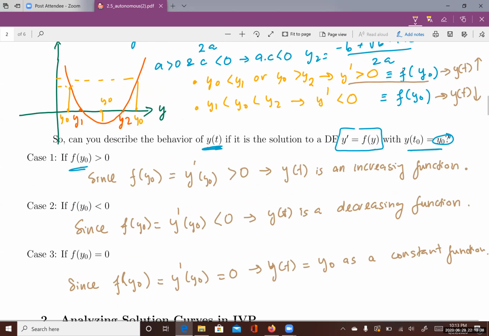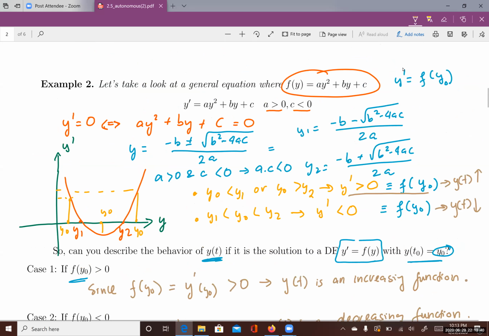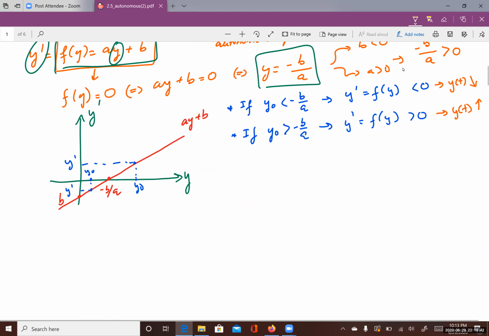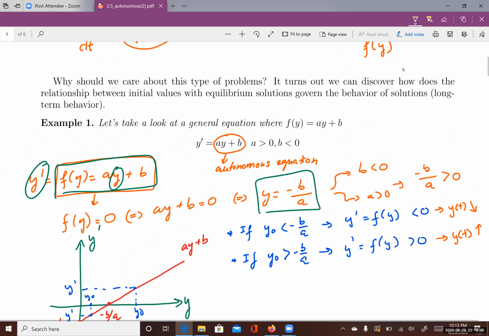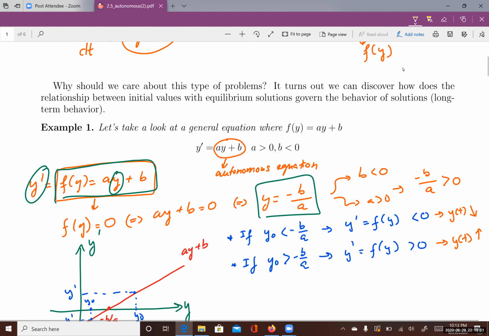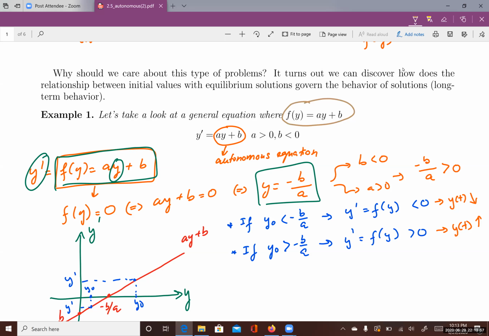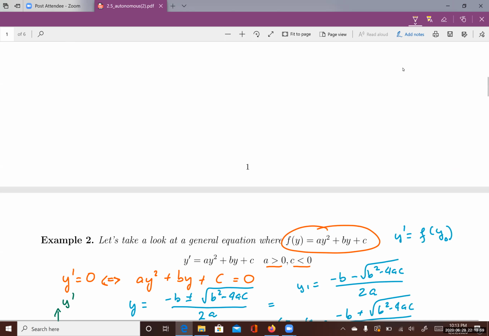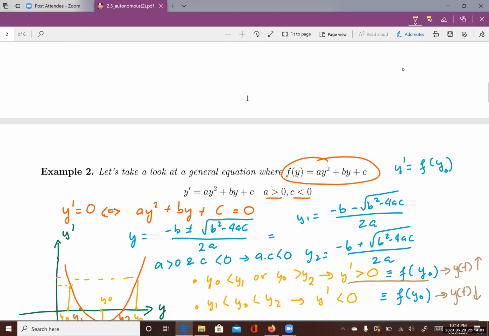All right, so we just make some observations. The first equation has f of y as a linear equation, and the second equation has f of y as a quadratic equation.